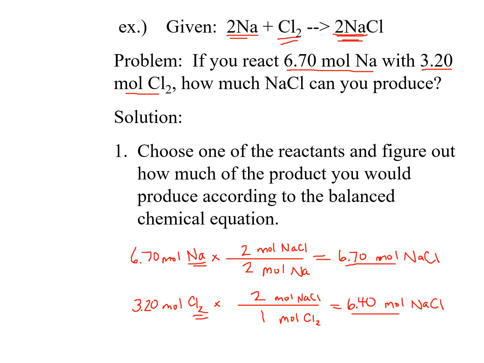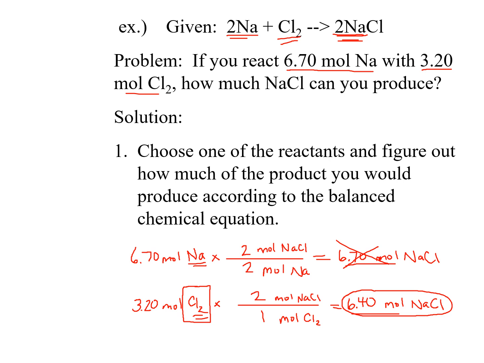Therefore, the Cl2 must be the limiting reactant in this case, because this is how much product it can make. Once we get to 6.4 moles of NaCl, we're going to run out of Cl2. We will never get to this number here. We'll never get there. Okay, the Cl2 is going to run out.